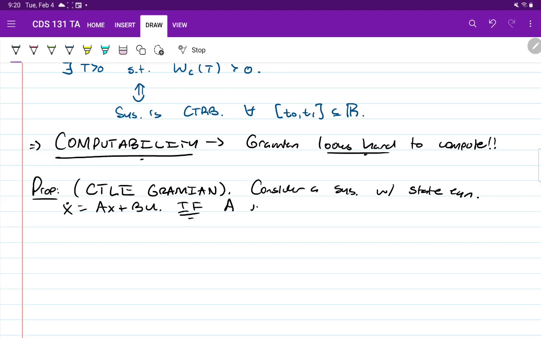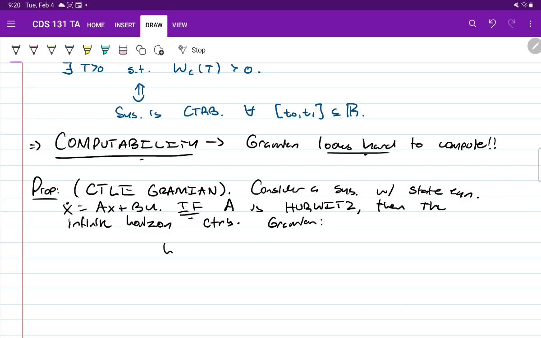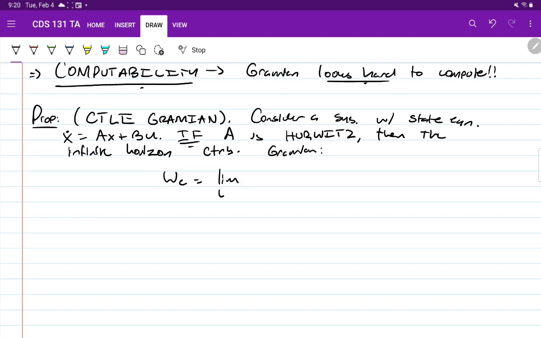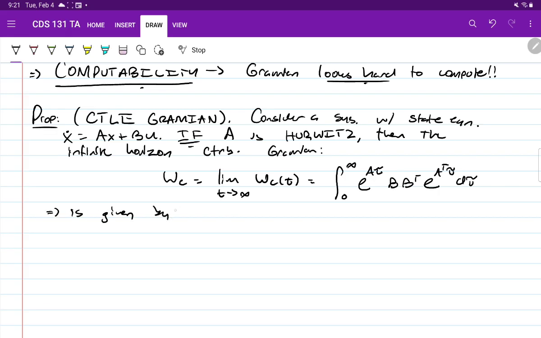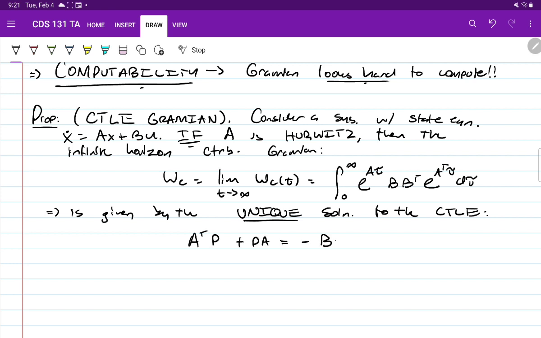Now, if this matrix A is Hurwitz, then the infinite horizon controllability Gramian, which we define as WC equals the limit as t goes to infinity of WC of t, which is also equal to this integral from 0 to infinity, e to the A tau, B B transpose, e to the A transpose tau, d tau, is given by the unique solution to the continuous time Lyapunov equation, A transpose P plus P A equals minus B B transpose.